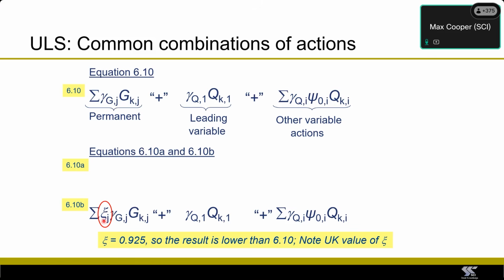So when we multiply 0.925 and gamma G, that's 0.925 and 1.35, we get a value of about 1.25. Note that the core Eurocode specifies this value at 0.85. That's not what we use in the UK, so you just need to be careful if you ever see that. It should be taken at a value of 0.925. Again, comparing it with 6.10, we see that 6.10b is always going to be lower. The only difference is this factor, and it's less than 1.